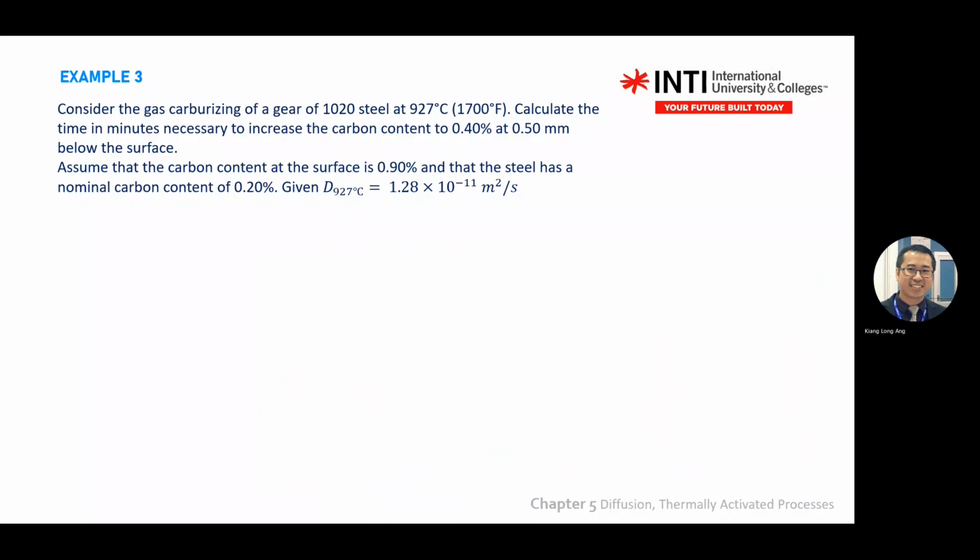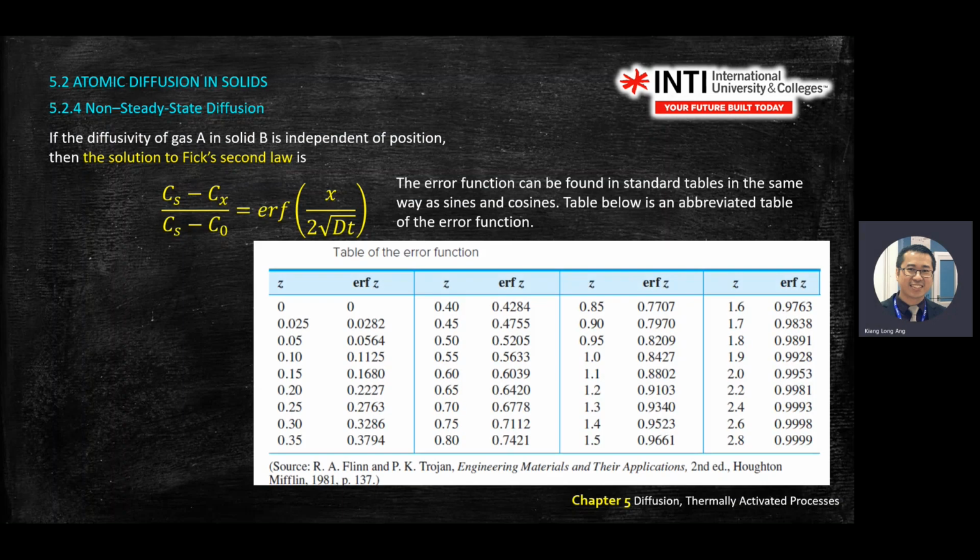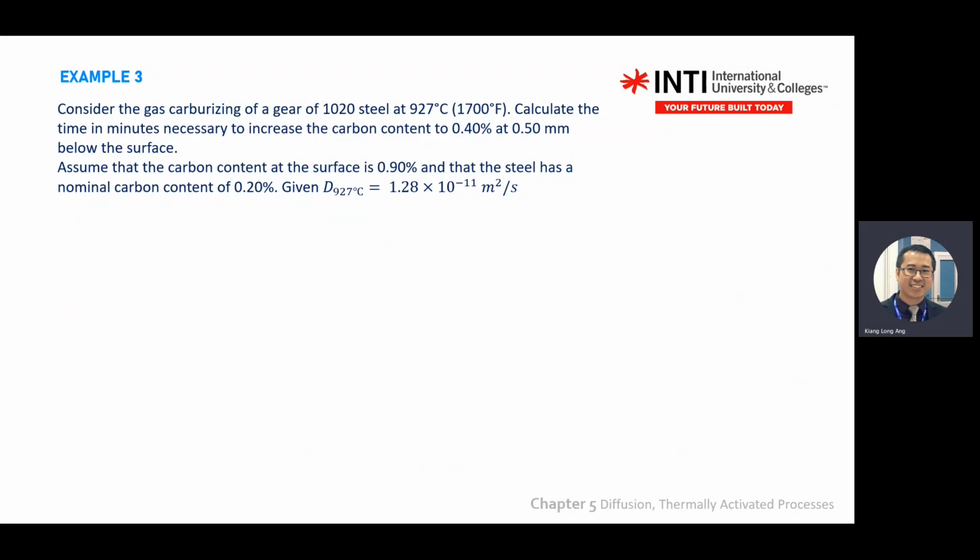Okay, let's apply this table. You have gas carburizing of a gear. You want to strengthen the rotating gear through a process called carburizing. You expose the metal to a CO2 environment. That process is called carburizing.